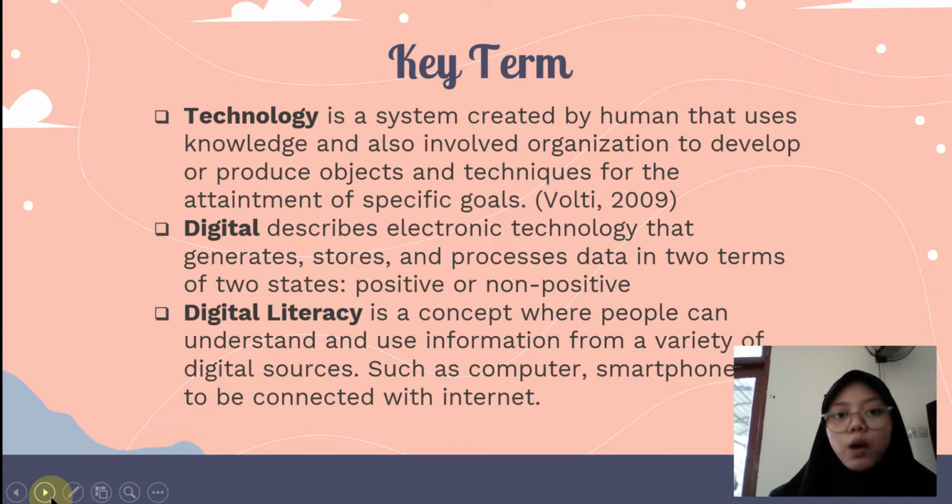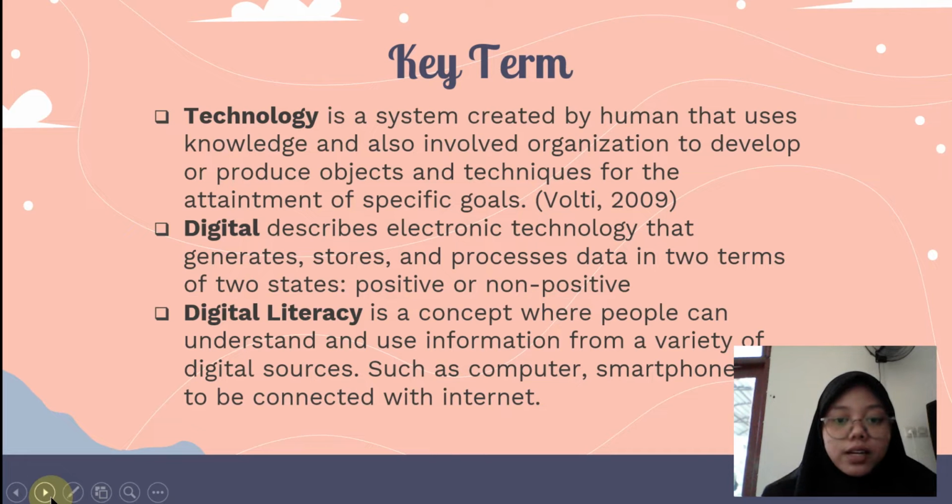Before going deeper, I would like to explain a little bit about the key terms involved in this paper. The first one is technology. Technology is a system created by humans that uses knowledge and also involves organization to develop or produce objects and techniques for the attainment of specific goals. The second is digital.